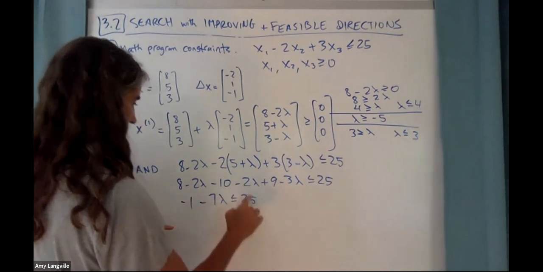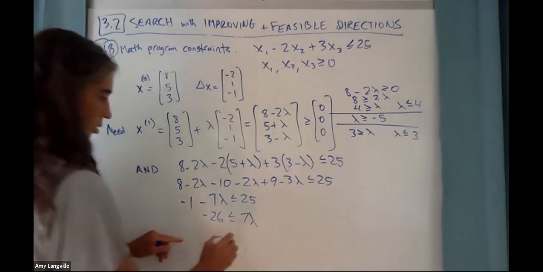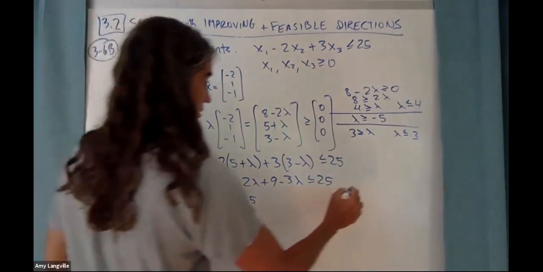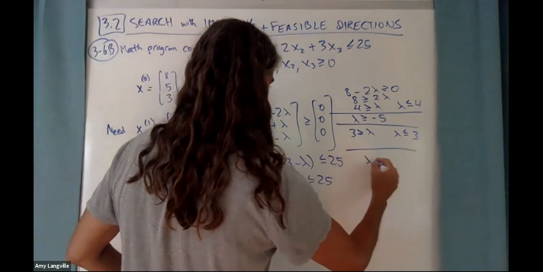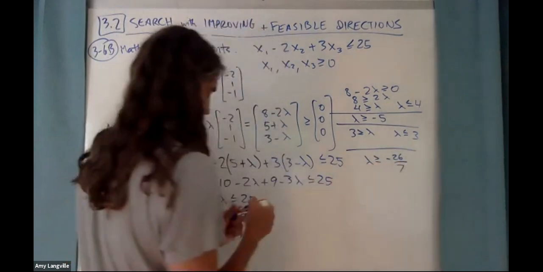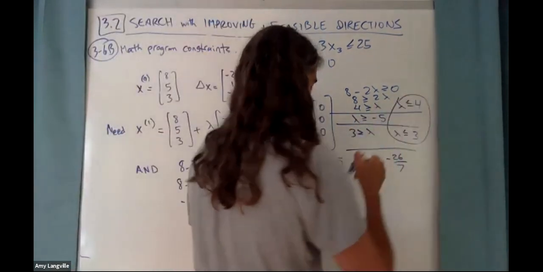So 7 lambdas, I'll bring that over, minus 26. So minus 26 over 7, let's see, so lambda has to be greater than minus 26 over 7. Again, a -1 doesn't really matter. We know that's got to happen. So it's really these two I have to take a look at.